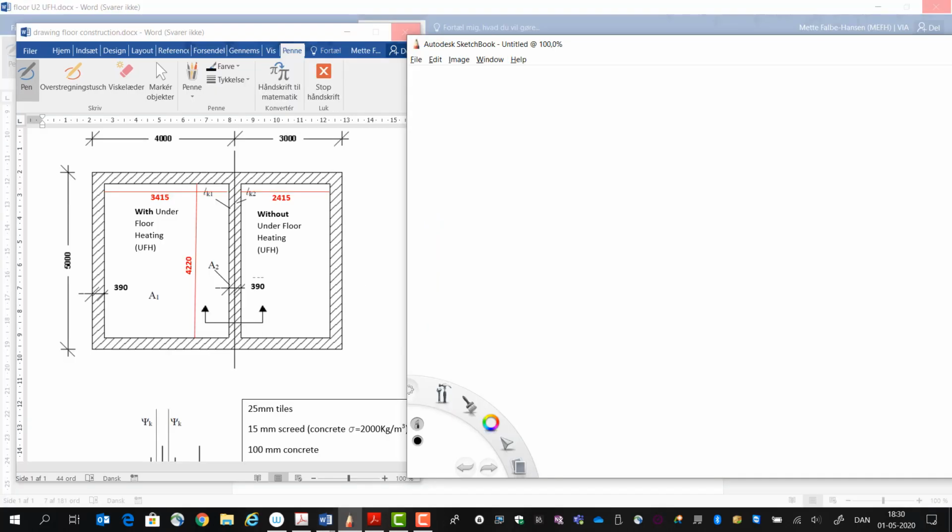The area A1, that would be the width of 3.415 times the height of the floor, which is 4.22, which gives me an area of 14.41 square meter.